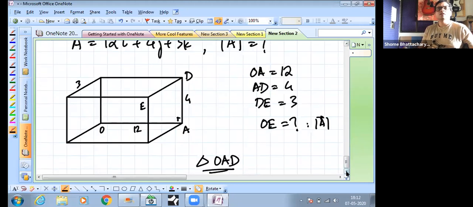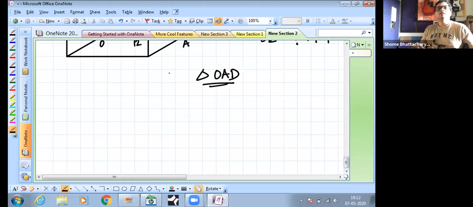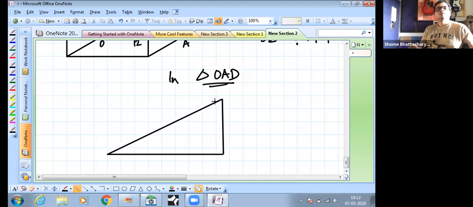So you can see that in triangle OAD now, we have a very simple relationship that OA was actually the x component, which I had written as 12, and AD was the y component, which we had written as 3, and this angle is 90.